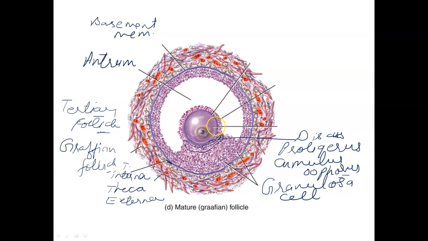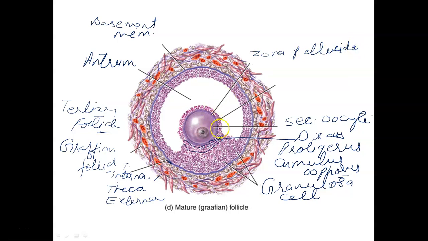The secondary oocyte is covered by the zona pellucida.